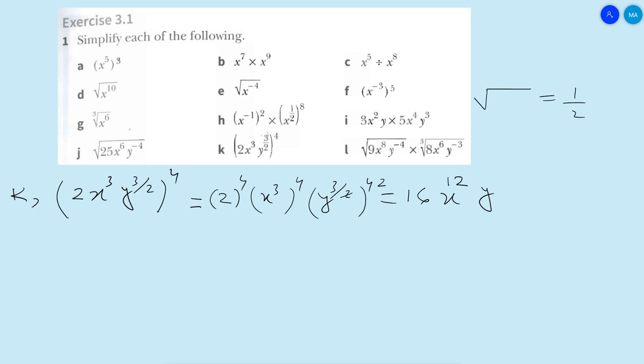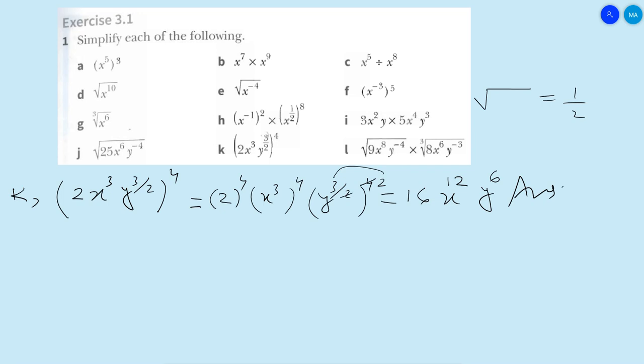This 2 cancels by this 4, so the remaining is 2 and this 2 is multiplied by 3. 2 3s are 6. So the final answer is 16x12y6. This is our final answer.